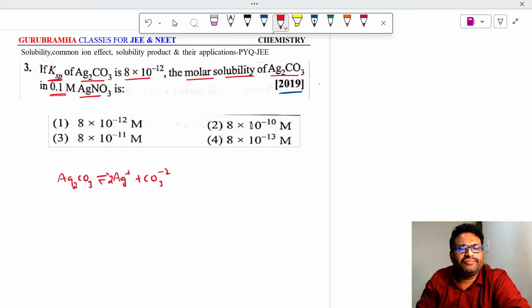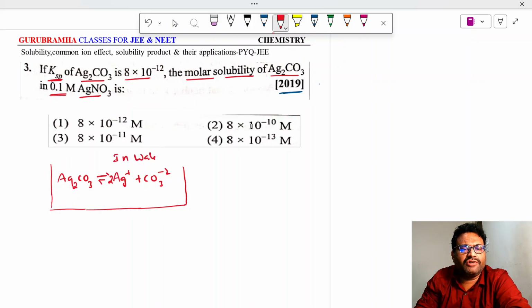This is in pure water, there is no other salt. We are speaking of dissociation in water.